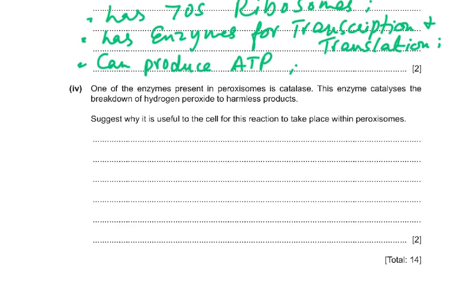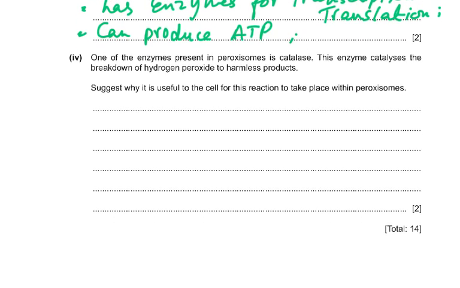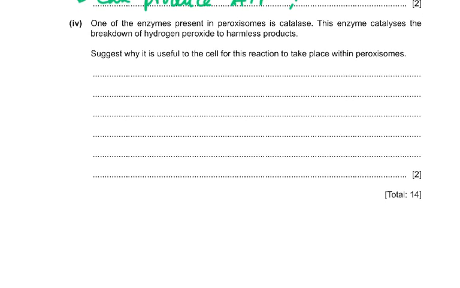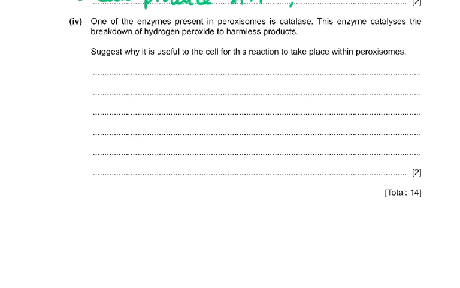Then coming to part 4 of the question, which finishes this question at last. Long question. One of the enzymes present in peroxisomes is catalase. This enzyme catalyzes the breakdown of hydrogen peroxide to harmless products. Suggest why it's useful for the cell for this reaction to take place within the peroxisomes. Now, the peroxisome is membrane bound, so the rest of the cell is protected from the hydrogen peroxide.